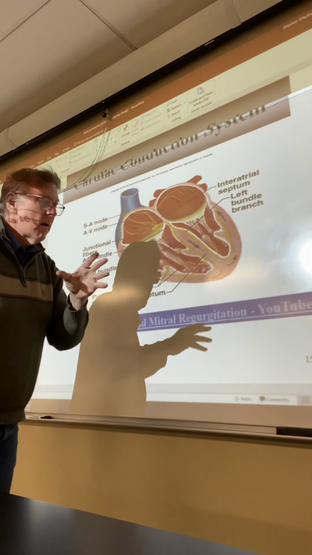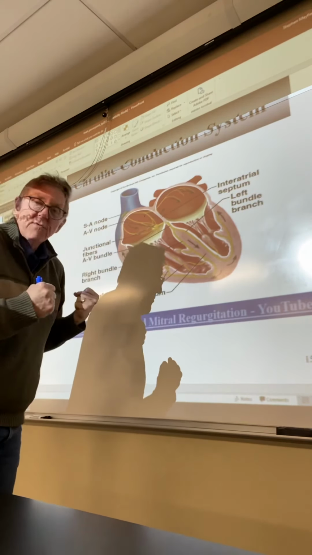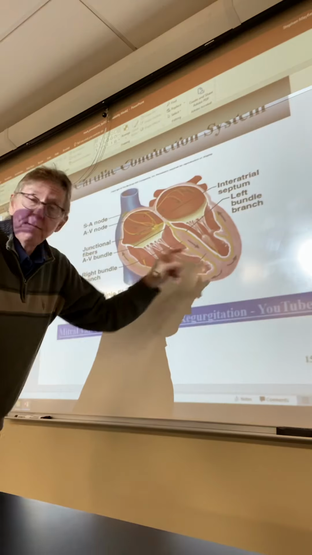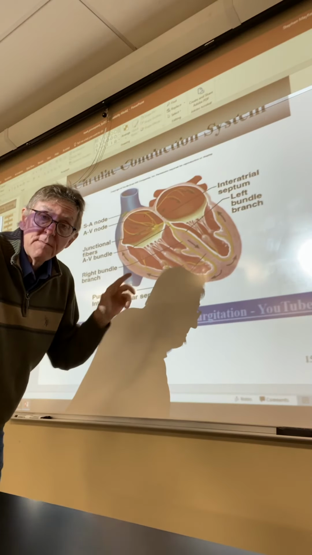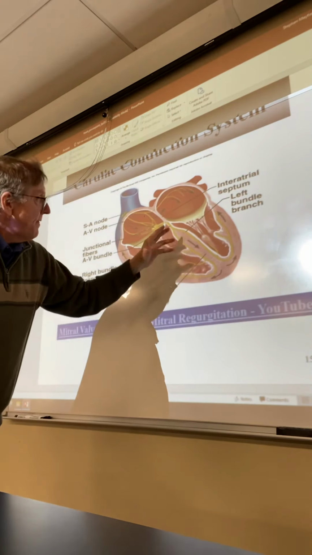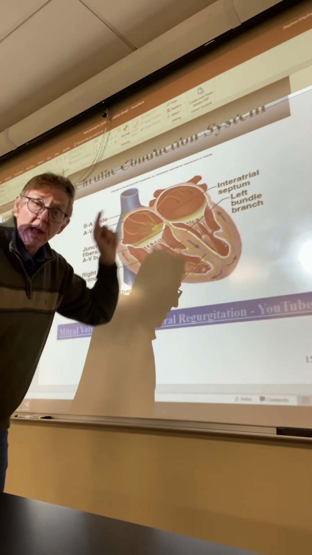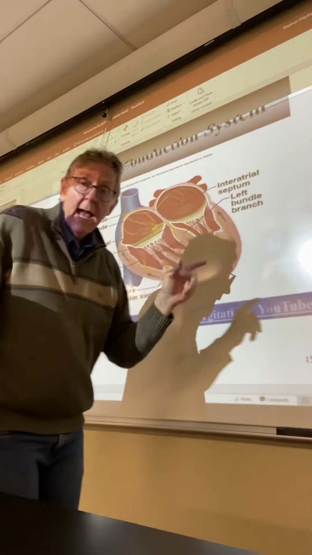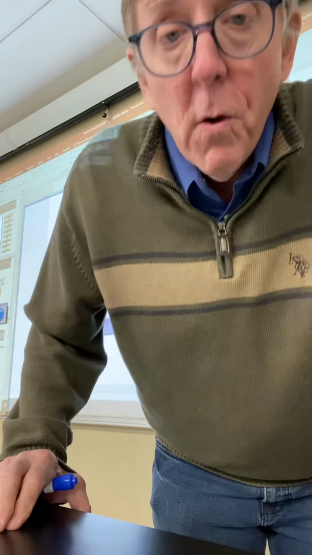And we had said the papillary muscles pull down when the ventricles are contracting, and that's to prevent the blood from flowing backwards. Well, occasionally those chordae tendineae get broken, and you get what we call a prolapse.